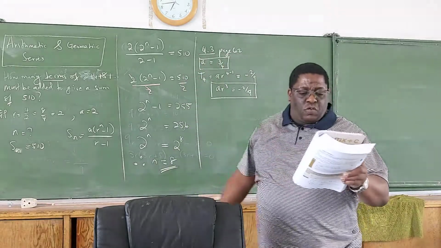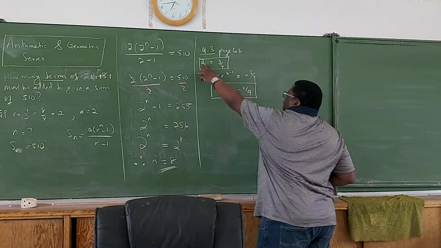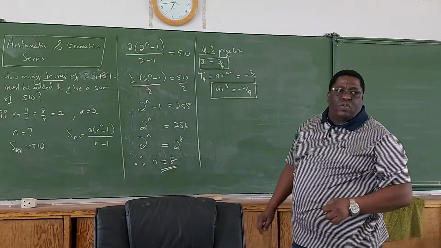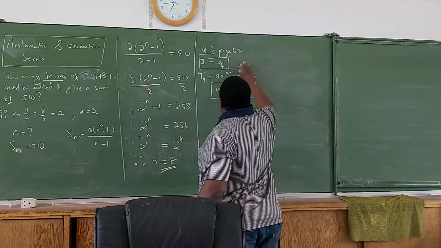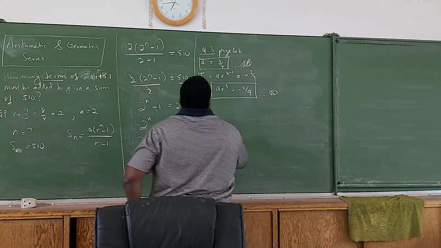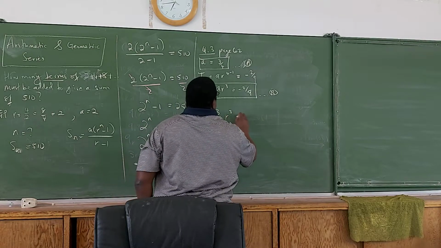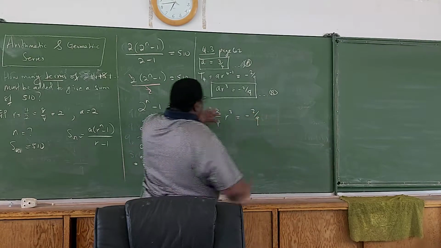So now they want me to find the common ratio, right? So we know what the value of A is, so you're going to substitute the value of A into this equation. This could be your first equation, and this can be your second equation. So we say 3 over 4, R cubed equals negative 2 over 9. Are you with me?